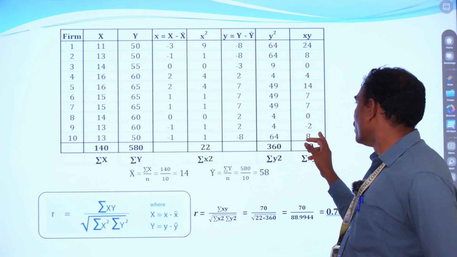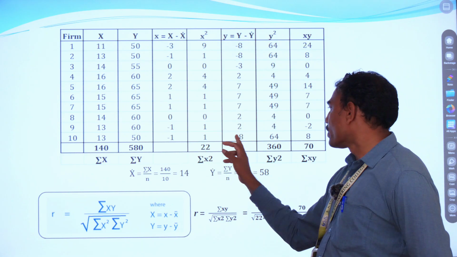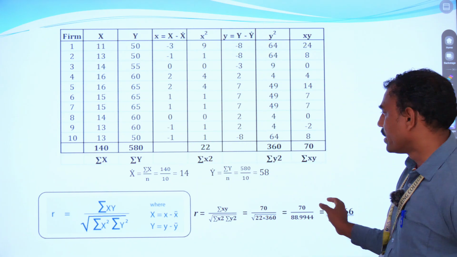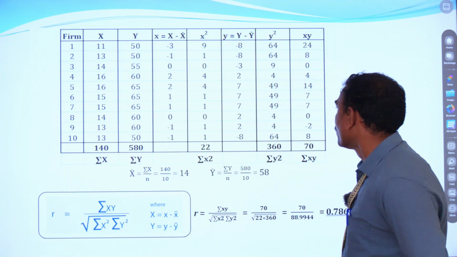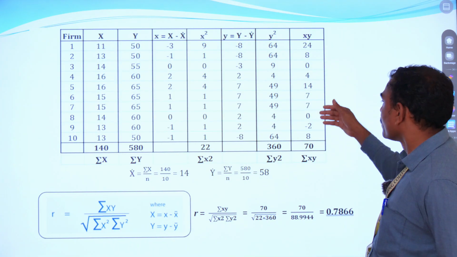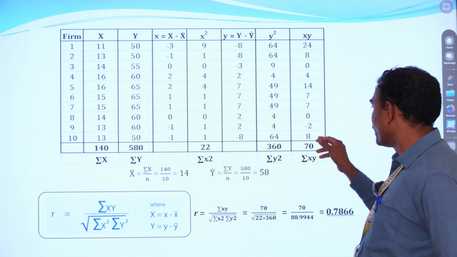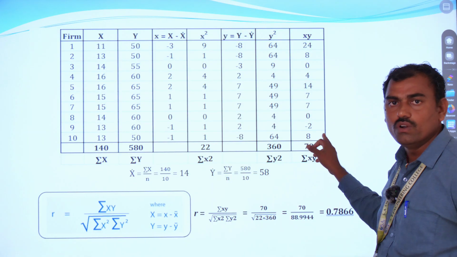Minus 1 into 2 is minus 2. Minus 1 into minus 8, minus into minus plus 8. So summation of xy is in the last column, and we get summation of xy equal to 70.